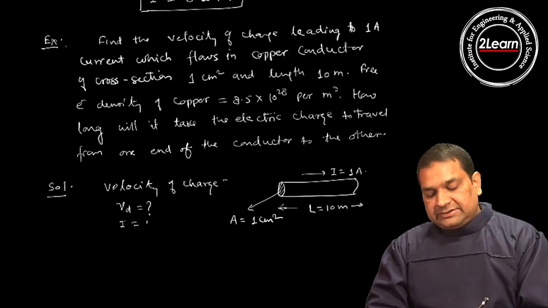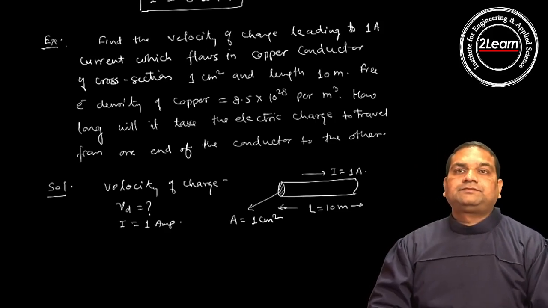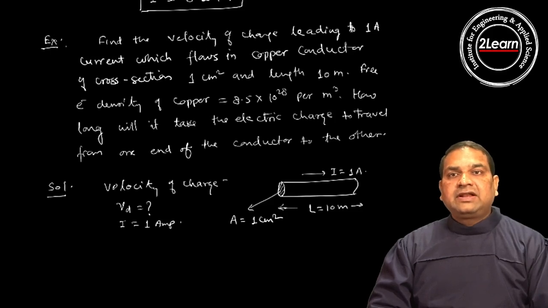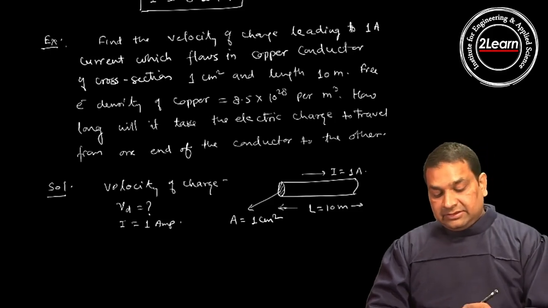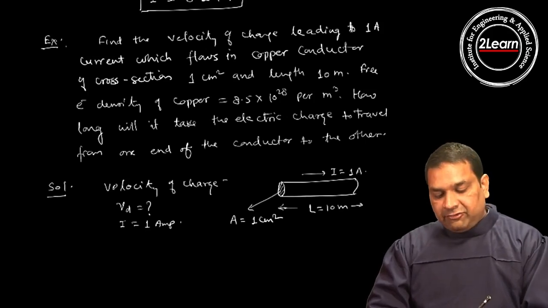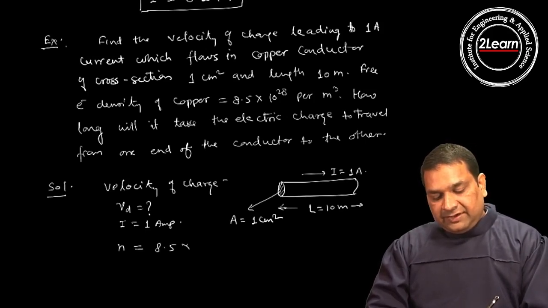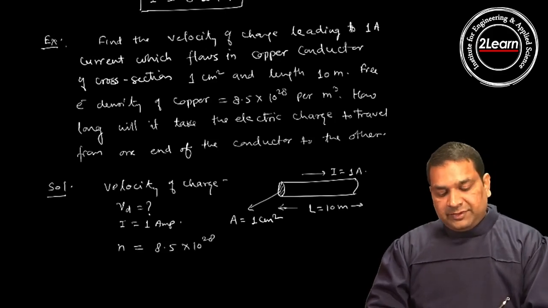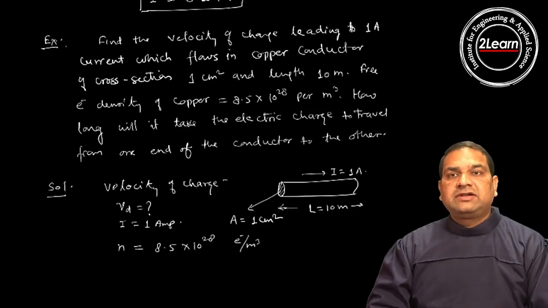So current is here 1 ampere. Free electron density of copper is, again electron density, meaning number of electrons per unit volume, that is N. It is given 8.5 into 10 raised to power 28 per meter cube, meaning number of electrons per meter cube. This is electron density.